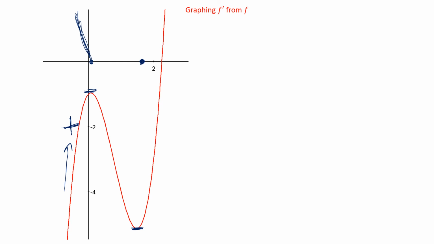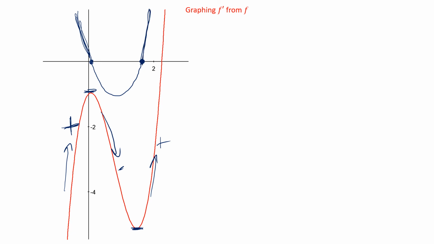And then in the middle, we're going down, so it's negative. So it's going to go negative. We don't know how far down negative it's going to go, like how steep it's going to get there, but it's going to be negative. And then after here, it's going to be positive again. So it's becoming positive.